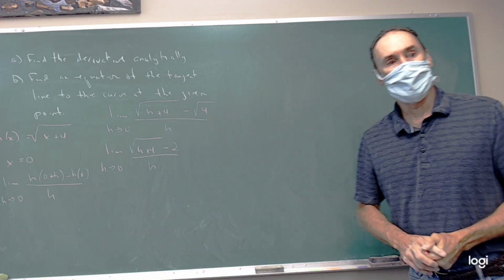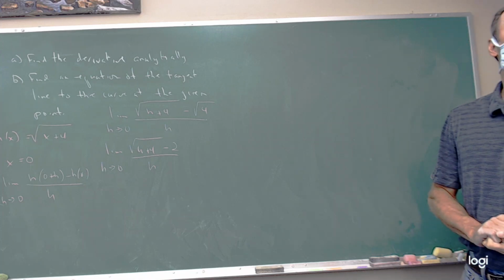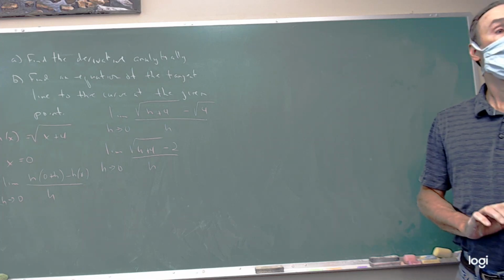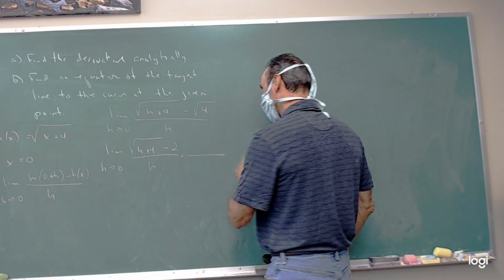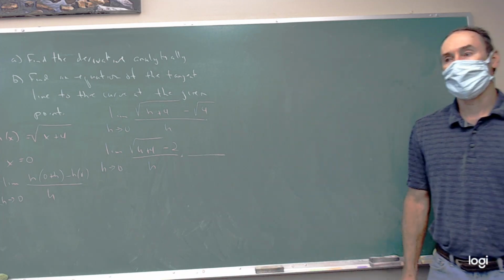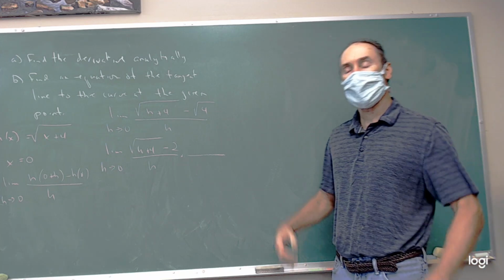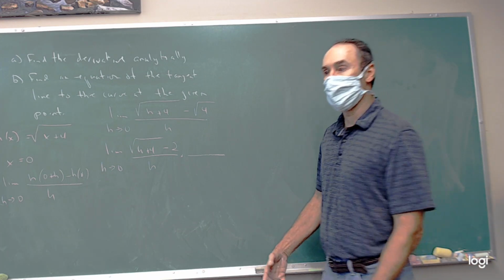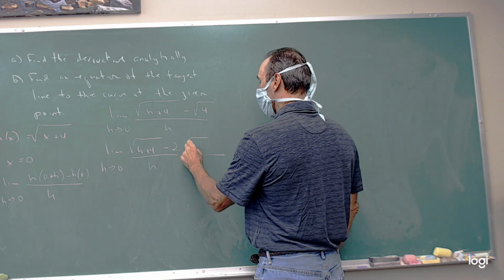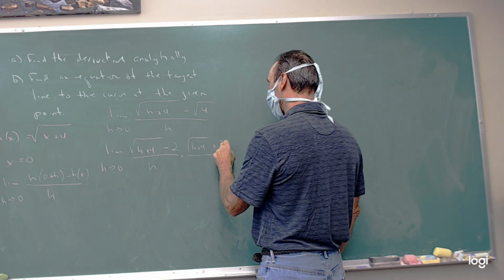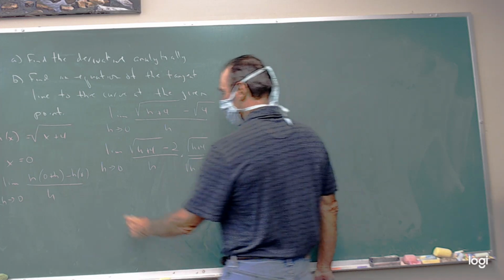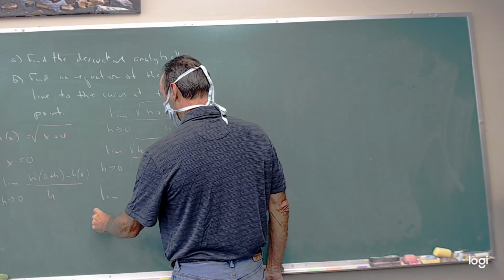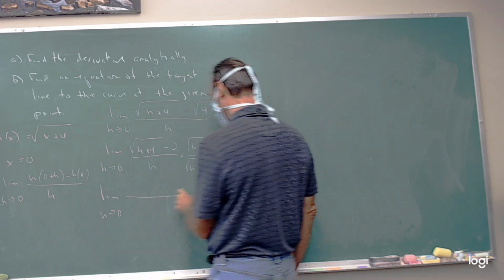What do we have to do to this? You multiply by the conjugate. Exactly. We're going to rationalize that numerator because that's where the radical appears. So we're going to multiply top and bottom by the conjugate of the numerator, the square root of h plus 4 plus 2. So we will get the limit as h goes to 0.